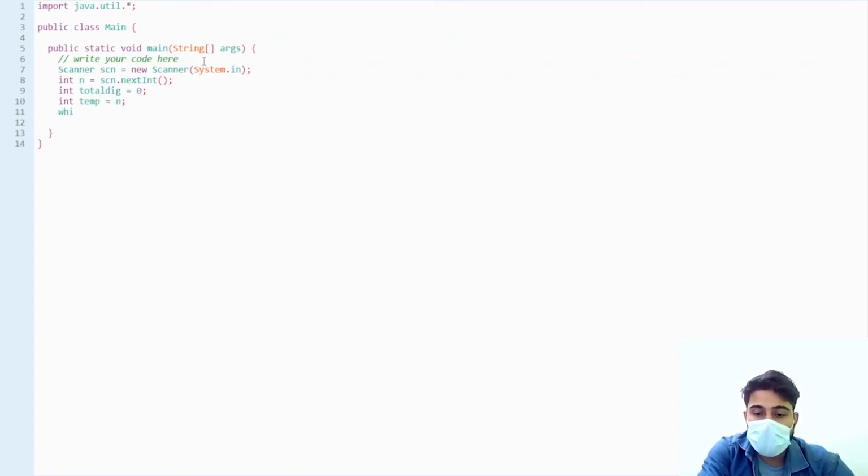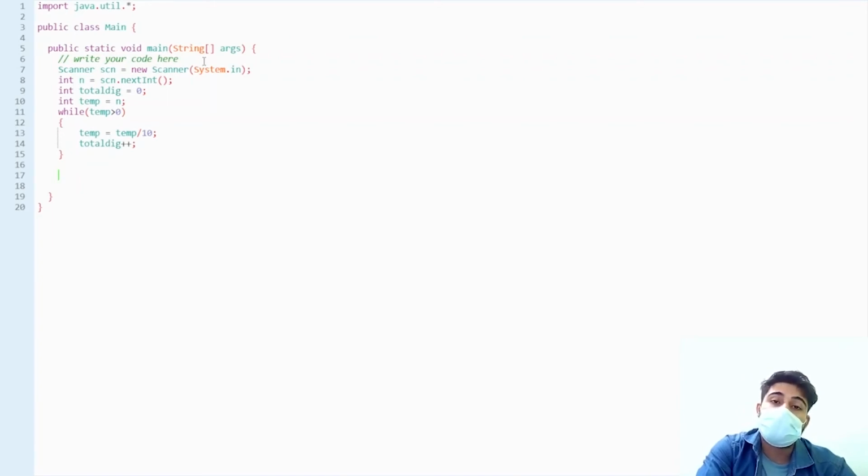While temp is greater than 0, temp is divided by 10, and update my total digit plus plus. So here you can see I have correctly found the total digits, or the maximum digit within the provided number.